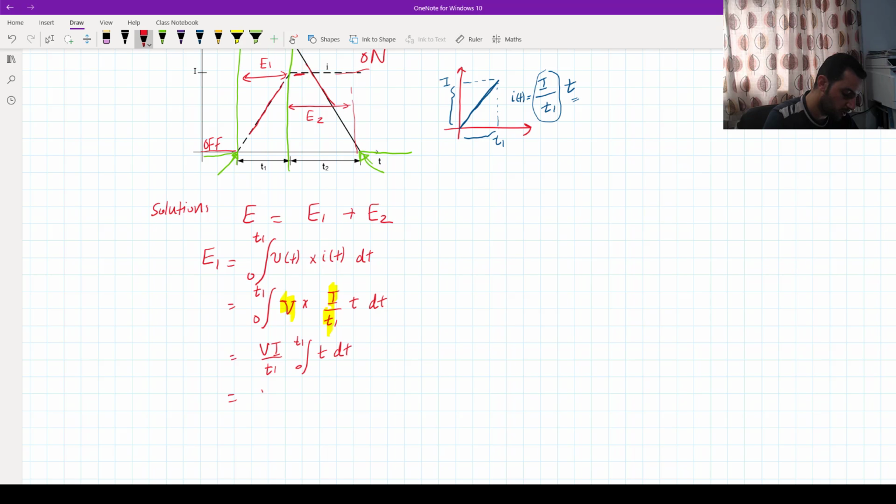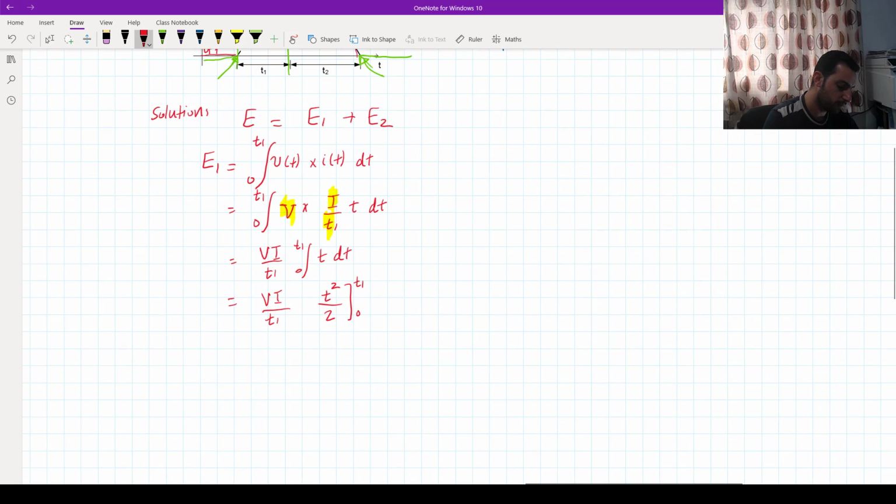That will equal VI divided by T1, times the integration of T squared divided by 2 from 0 to T1, okay?